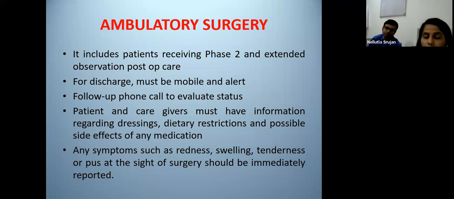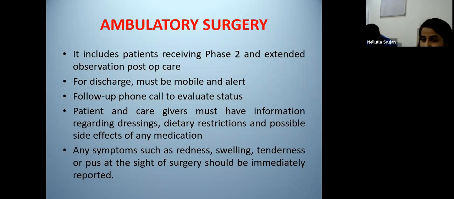What criteria do we have as a nurse to look into? The patient should be alert, and we check the conscious level, pain score and vital signs. Is there any pus or infection taking place or not? Is there any pus discharge?